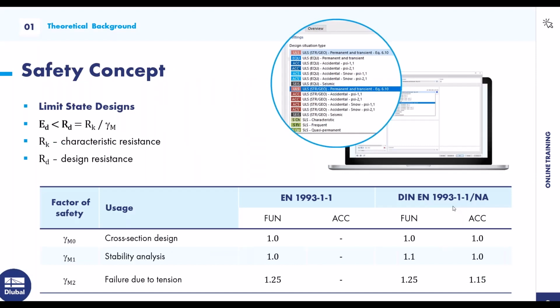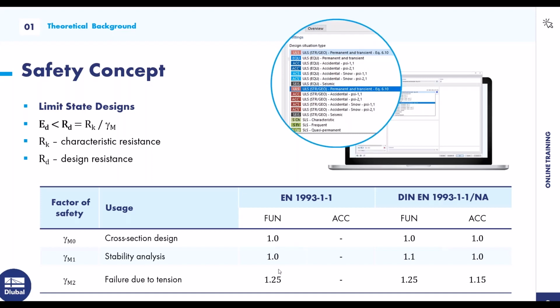Okay, then a little insight into the whole safety concept in steel construction. The actions should always be smaller than the resistance. Those are the actions, this is the resistance. In addition, we have certain coefficients that we have to take into account depending on what type of proof is used.